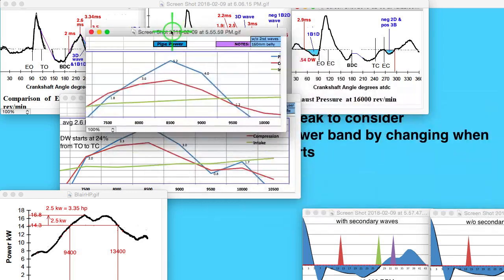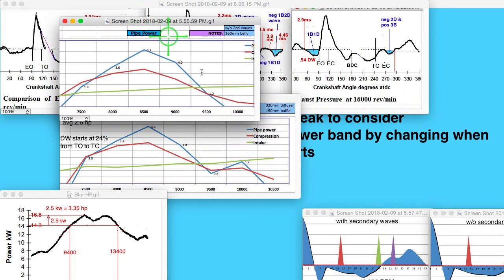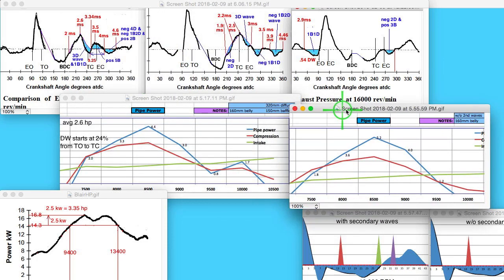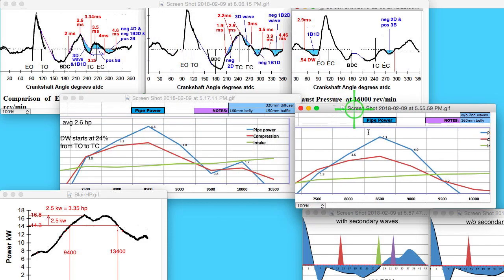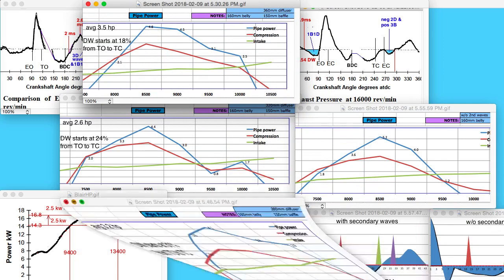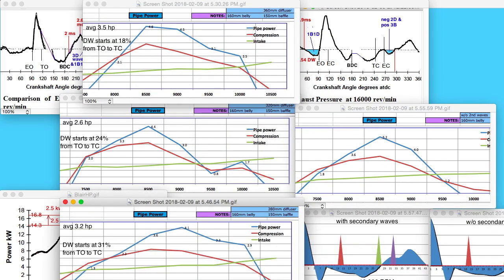And if you put that over here, you'll see that they're about the same here, but then you've got this right here, and this is increase. This over rev happens as a result of this occurring at exhaust closing. But overall, that is not my primary pick for where I would have the diffuser wave start.